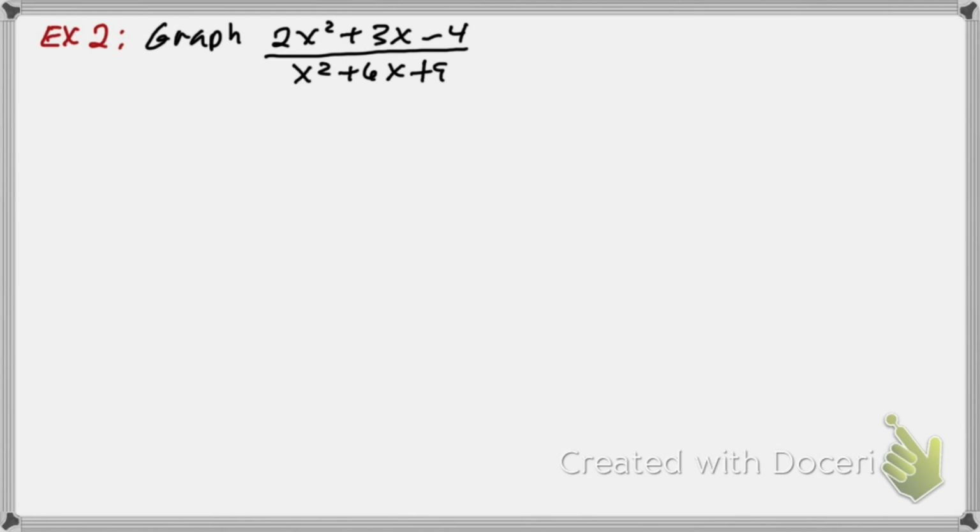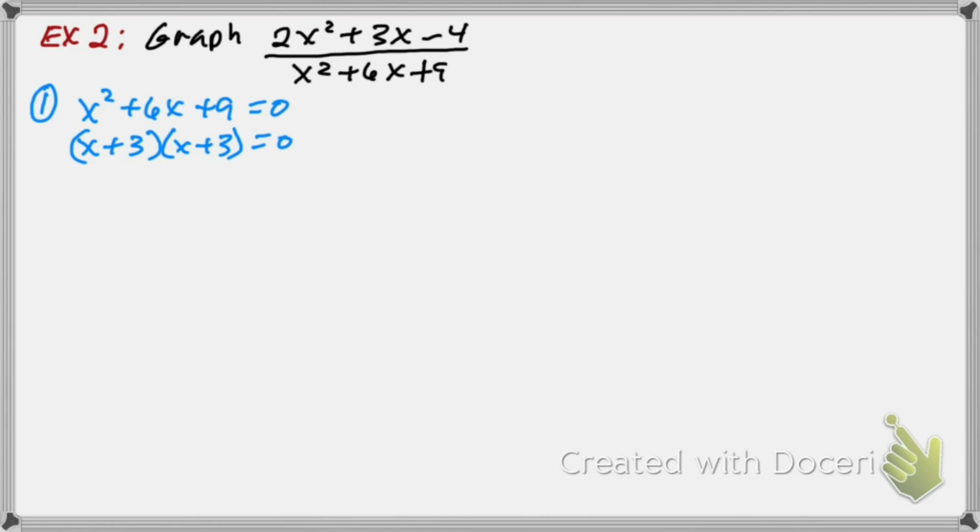Example 2, let's graph this thing. Looks a bit more complex than that first one. Let's see what it looks like. So step 1 is to find vertical asymptotes. So I'm going to take my denominator, set it to 0. I'm going to factor it so I can find out where my x's are.